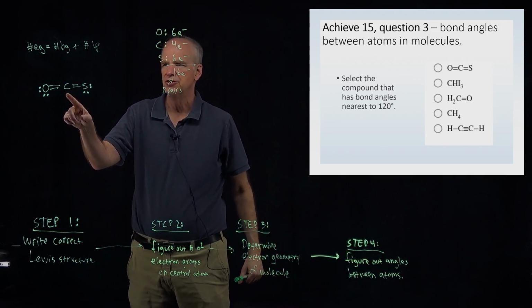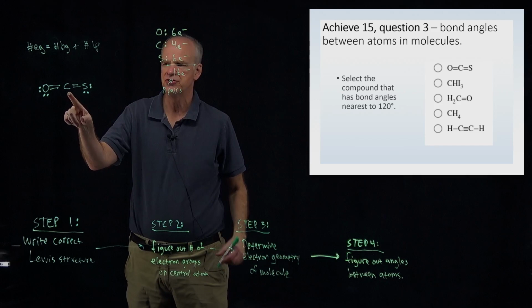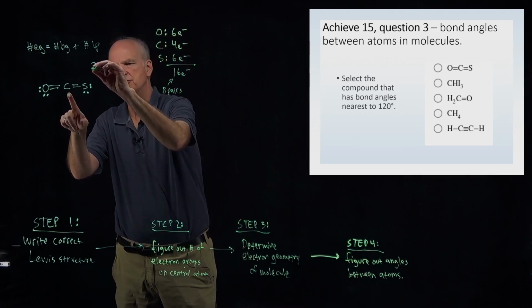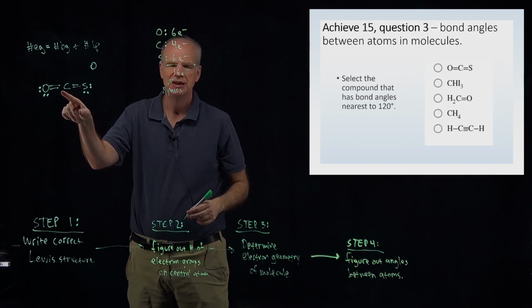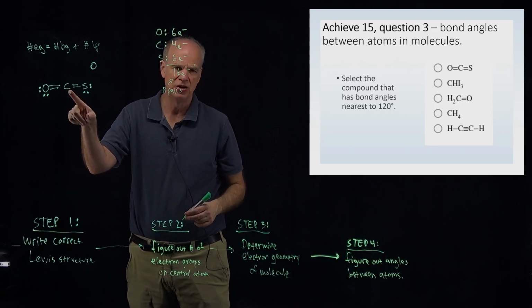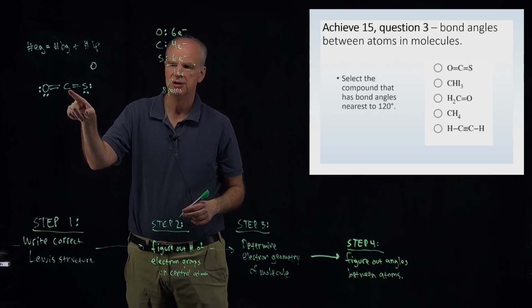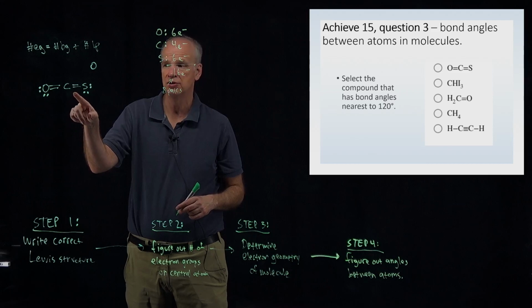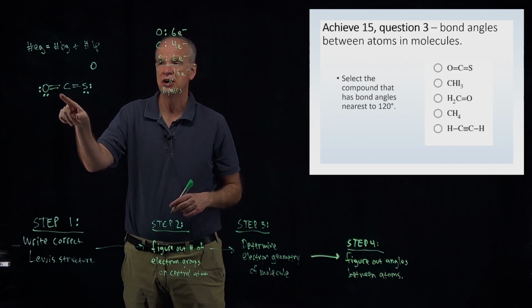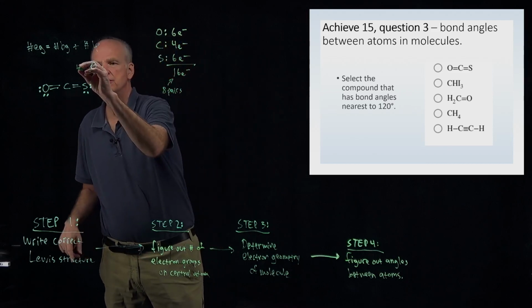You can see first off that this central atom has no lone pairs, so we have 0 lone pairs. Bonding groups: one of the things you have to remember is if you see a single bond, that is considered one bonding group. If you see a double bond, that is considered one bonding group. If you see a triple bond, that is considered one bonding group. So what you see here is that we have 2 bonding groups.